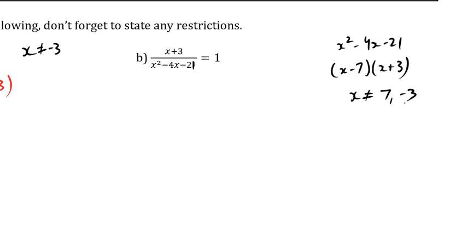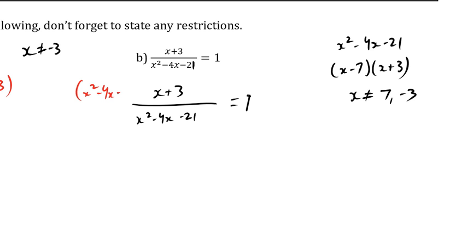Now I'm going to multiply both sides by the denominator. So I get (X plus 3) over (X squared minus 4X minus 21) equals 1. Multiply by X squared minus 4X minus 21.